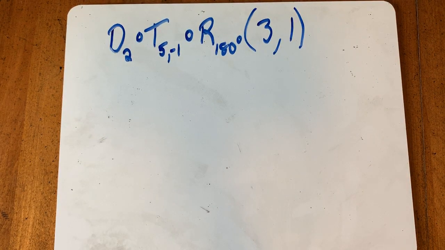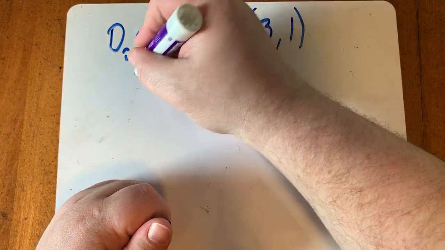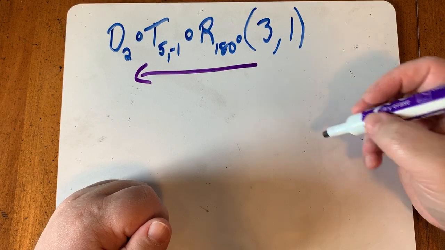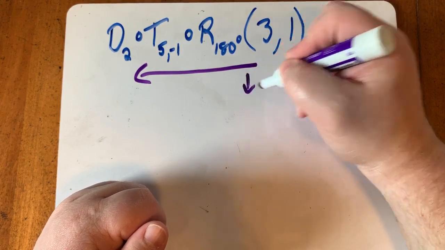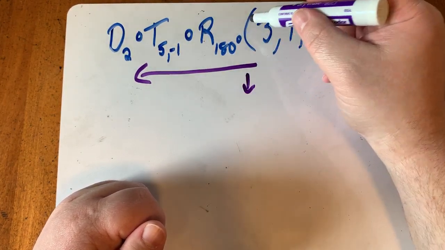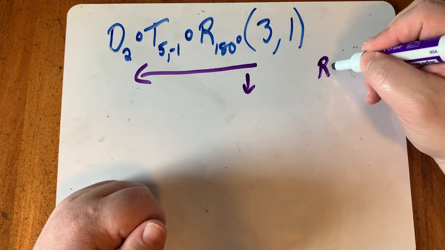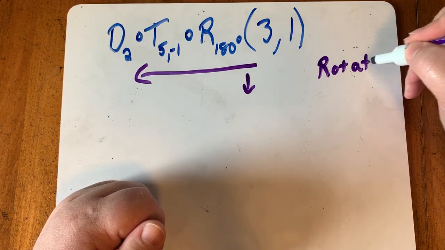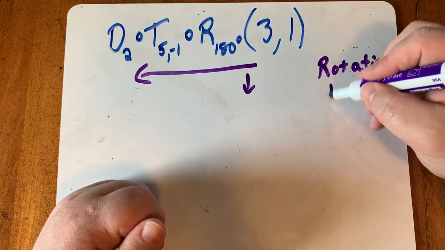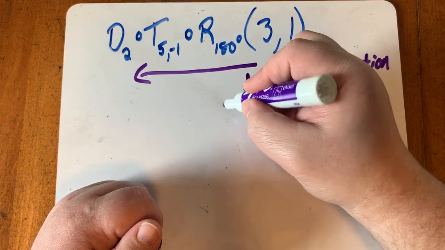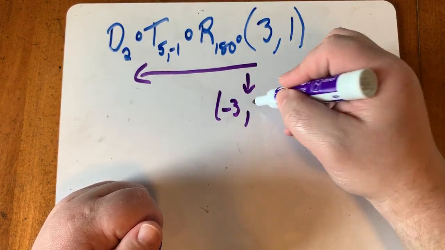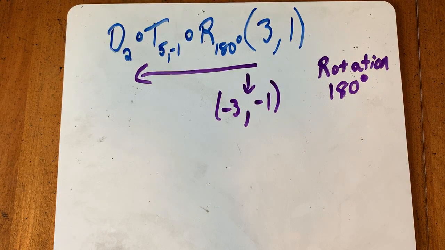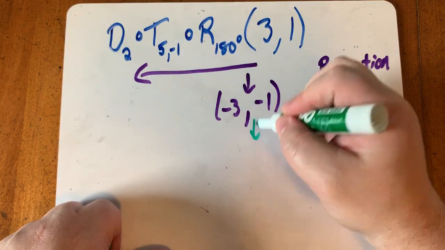If you have a composition of functions, you work this way. You first do the rotation 180 degrees. So the first result will be negative 3, negative 1. Then after that, you do what's next.